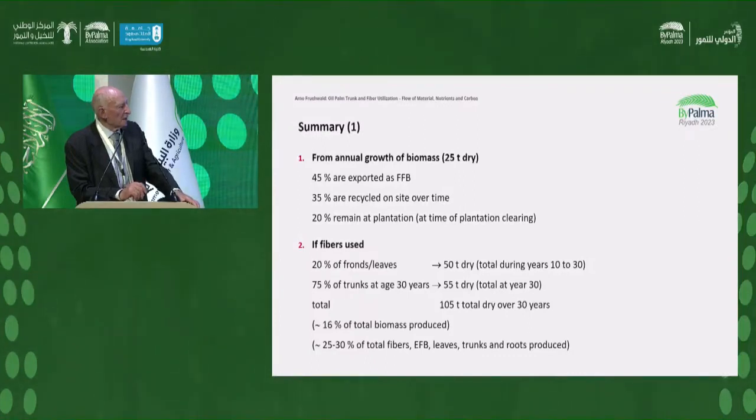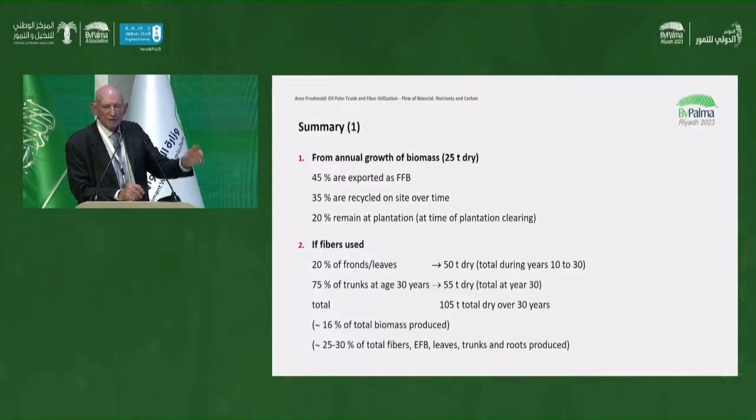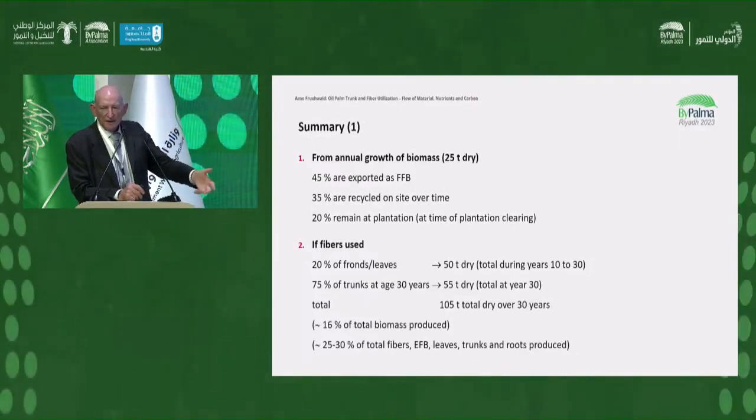And if the fibers are used, the concept at the moment is 20% of the fronds and leaves. This is 50 tons. From the 50 tons, we bring back half of the material, and 75% of the trunks. From that, about 1/3 would come back in the form of pellets and nutrients.